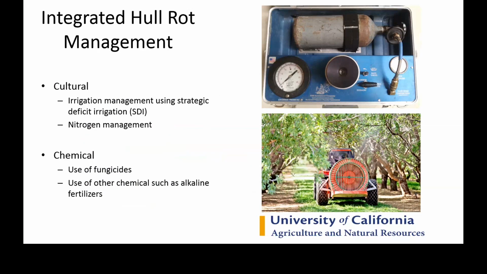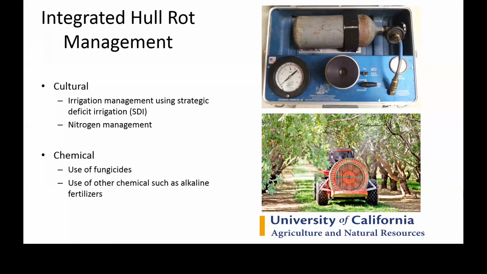Now we can come to the conclusion that we can use all of those factors to design an integrated hull rot management. When I say integrated, that's not only using the chemical part of it, but actually using a combination of cultural and chemical control methods to manage this disease inside the orchard.